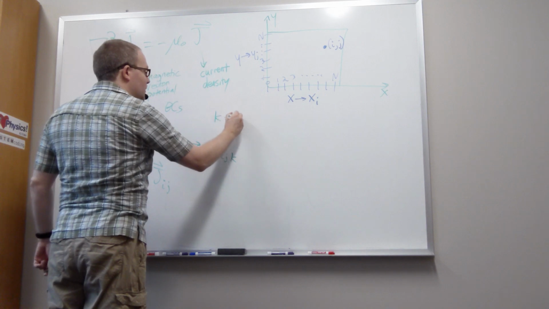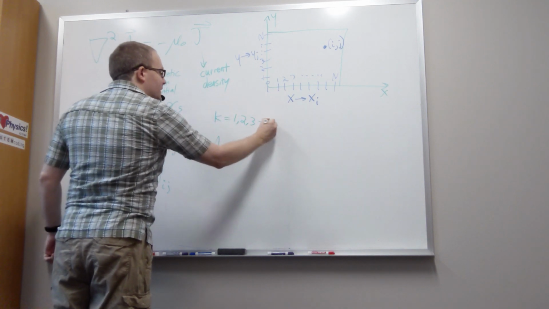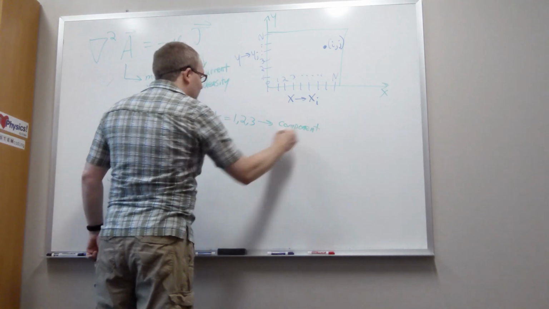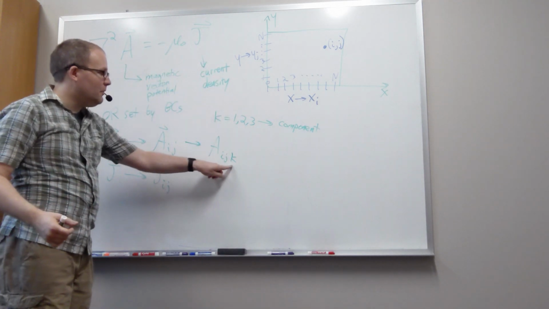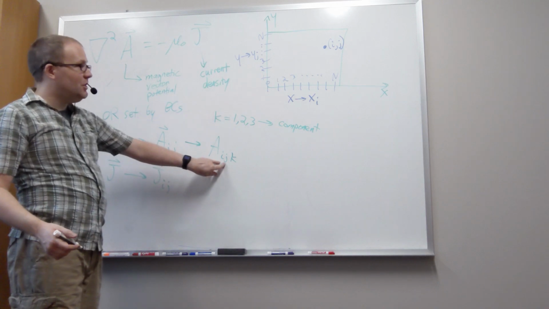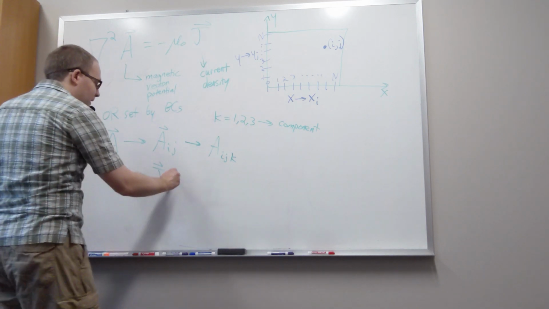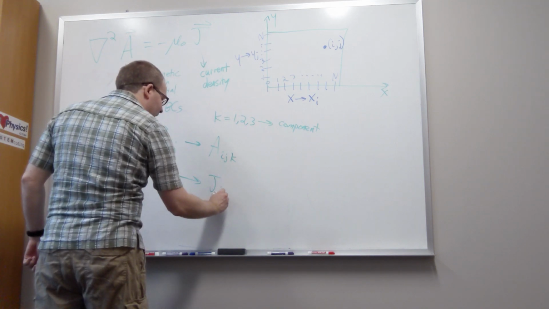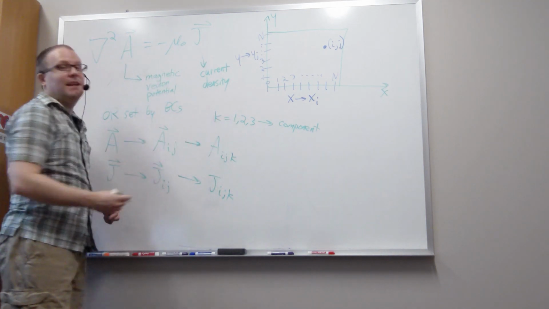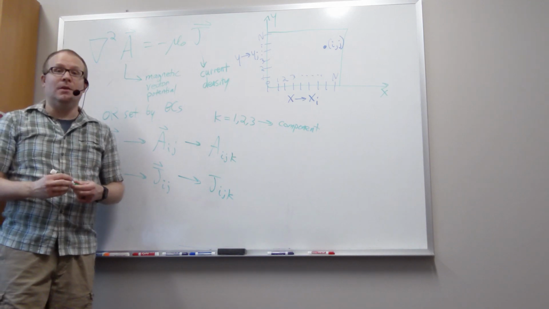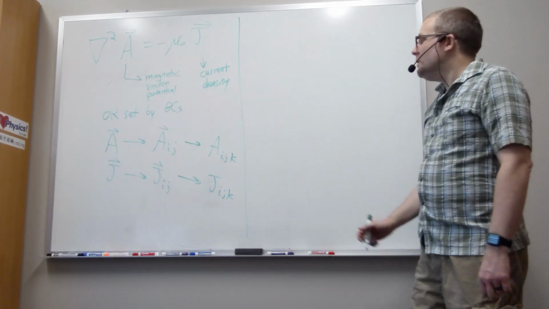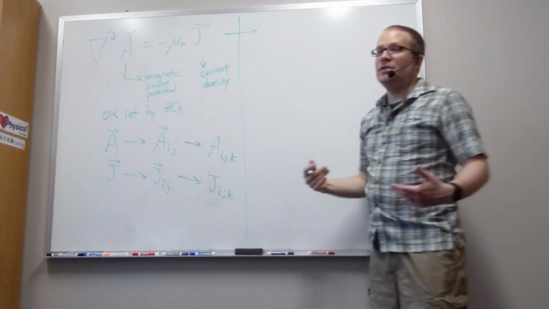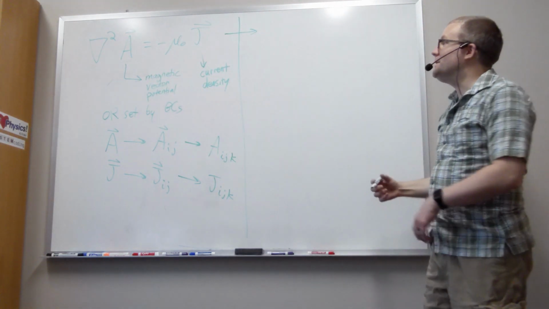So if you let k equal 1, 2, 3 signify your component, then when we code this up, it can just be a 3-index thing that has 2 position indices and 1 component index. Same thing with the current density. I can think of this as J_ijk, and again, the k index just tells me what component I'm using. So we can use this recipe to transform this differential equation into a difference equation.